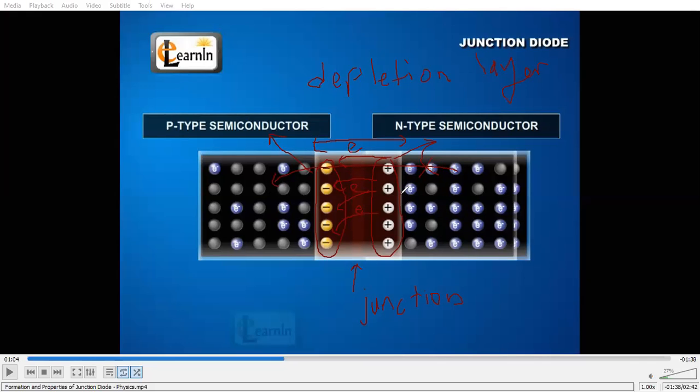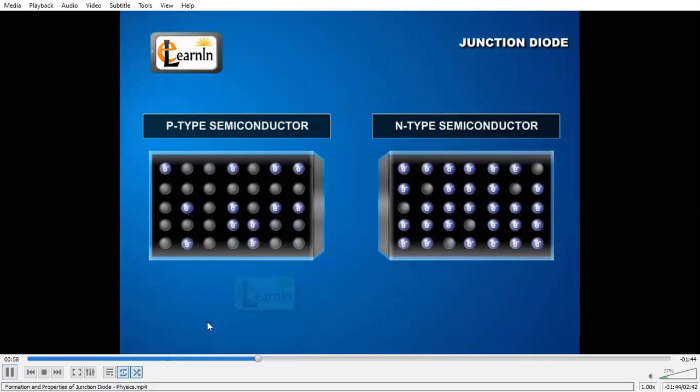So the flow of charges will stop. That means the formation of the depletion layer stops the electrons from going to the p-type because negative and negative repel. So this is before you join. So when you join, what happened?